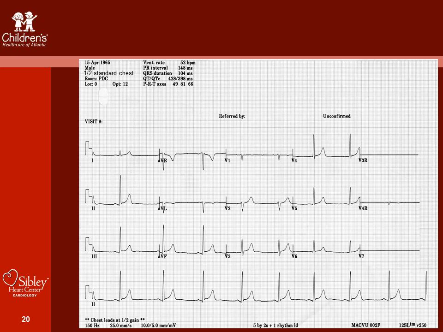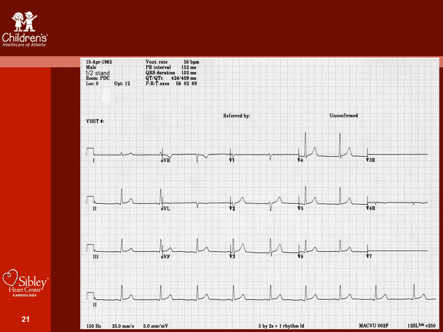So what you can see here is that our precordial leads are actually at half standard. So when you're making your measurements of the height of the vector here, you have to double it. That's important to keep in mind because you might miss hypertrophy or chamber enlargement. Whereas on this one, everything is at half standard. So again, it's just important to keep that in mind when you're looking at an EKG.